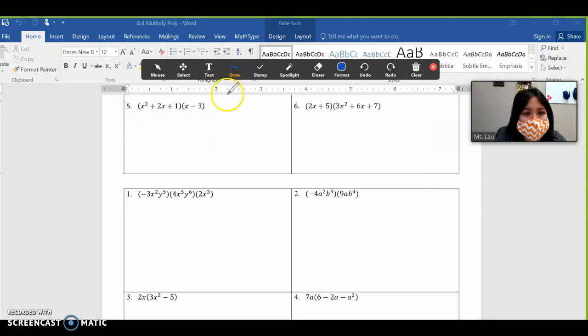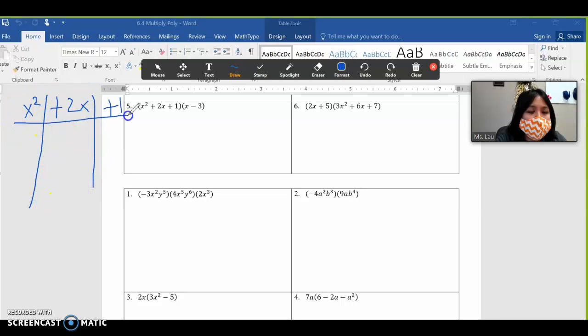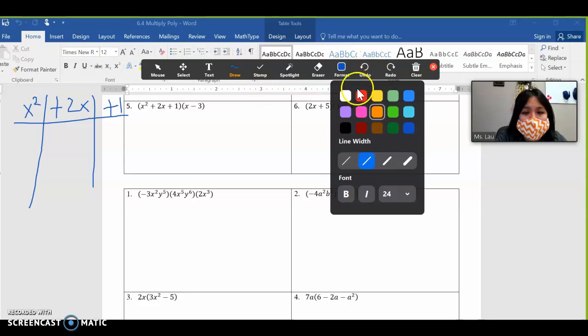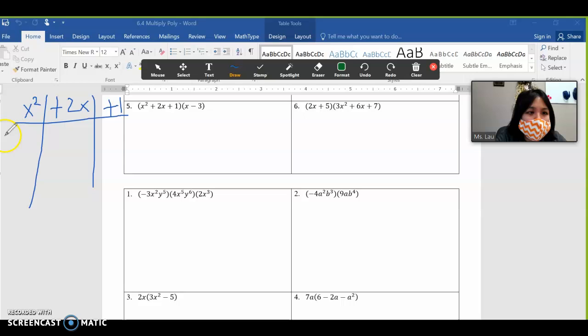If you would rather distribute, you can do that. So x squared plus 2x plus 1. So here's my first box. There we go. And then we have x minus 3. So that's x minus 3.